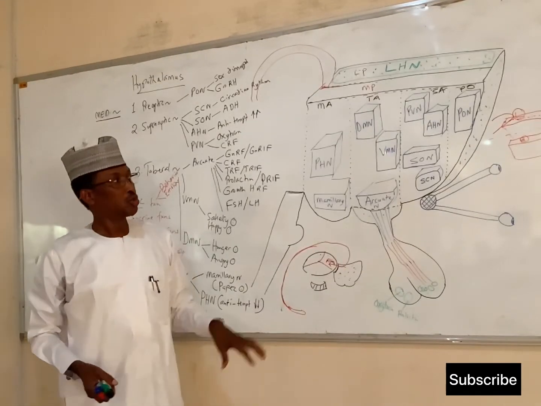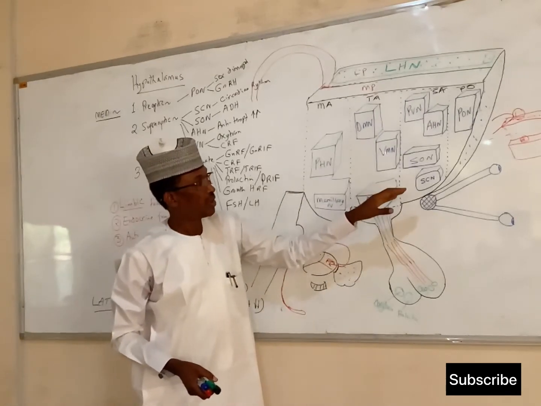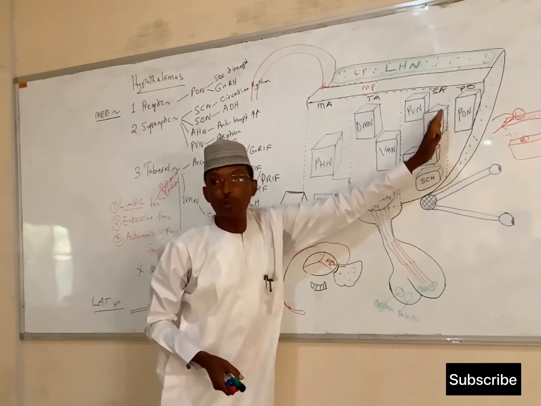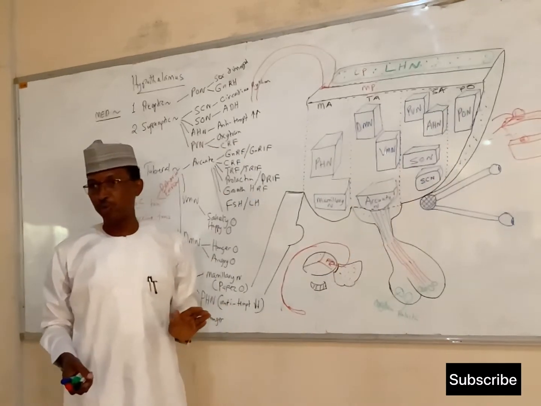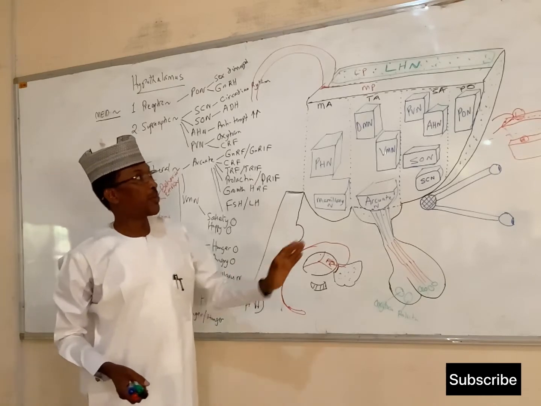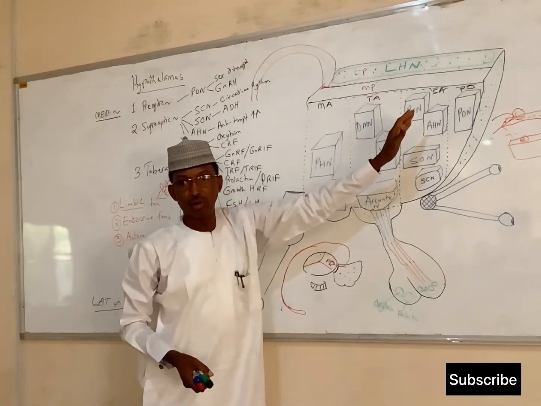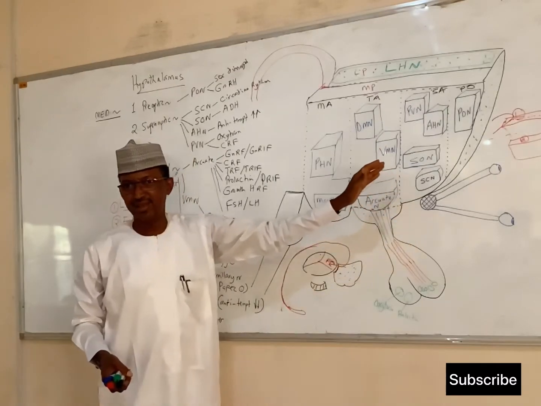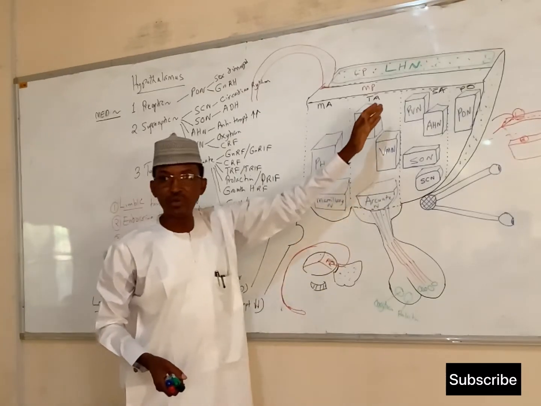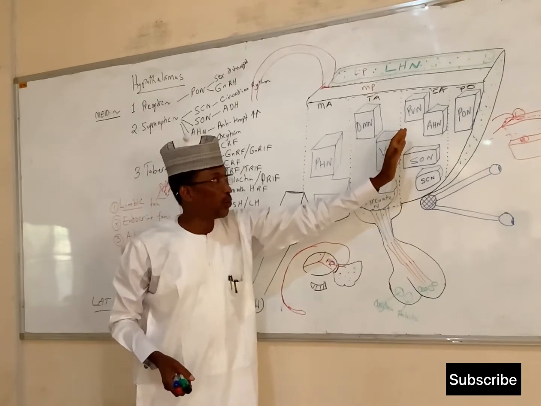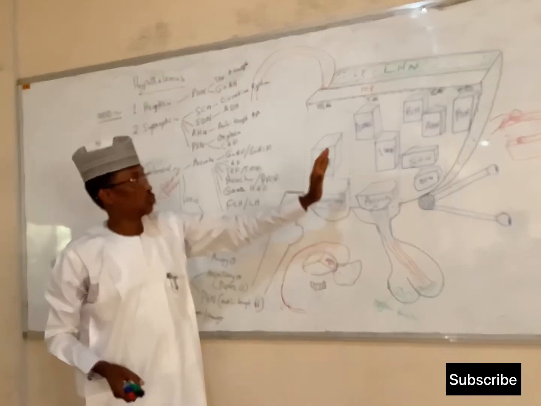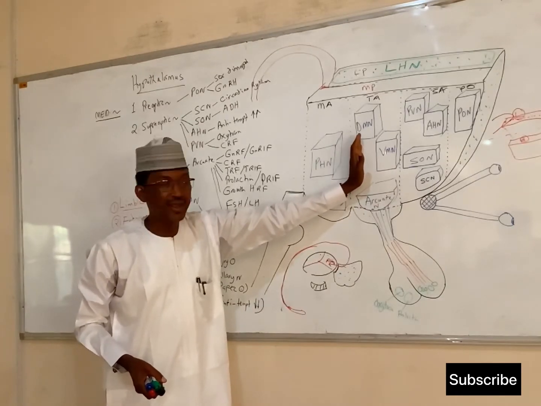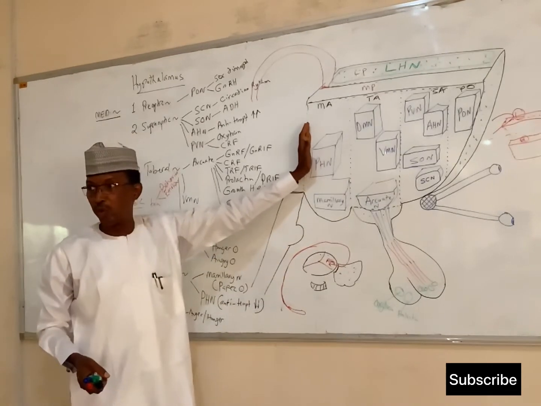You get my point? So now we have the division, what we call the pre-optic group of nuclei. We have supra-optic or suprachiasmatic. It's all the same. Whether you say supra-optic or suprachiasmatic group of nuclei, and also you have what you call the tuberal group of nuclei, and then you have the mammillary group of nuclei.